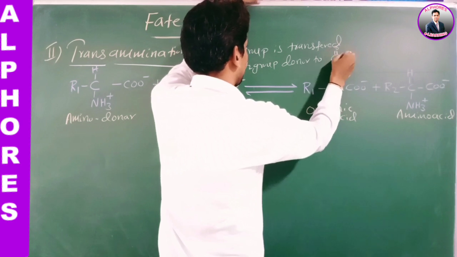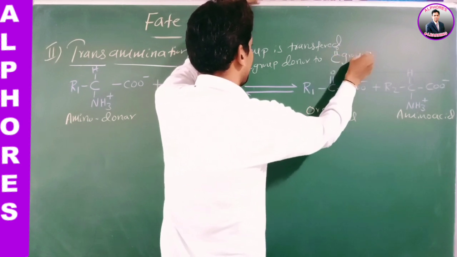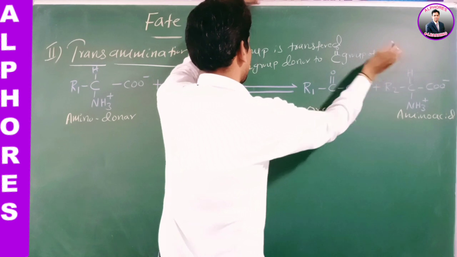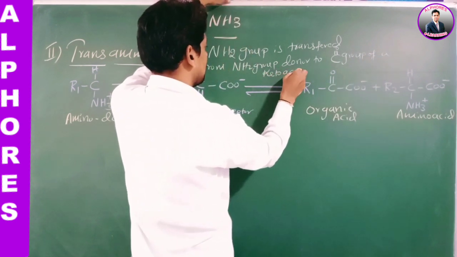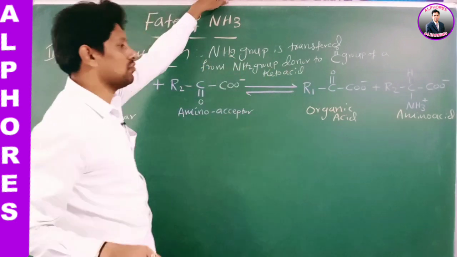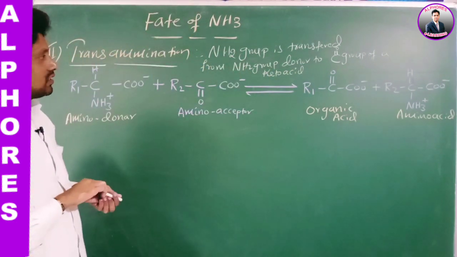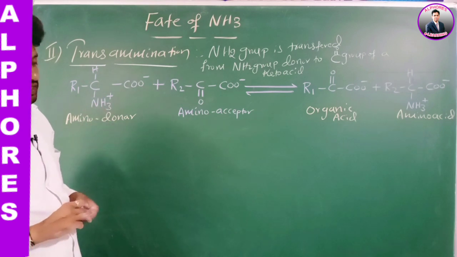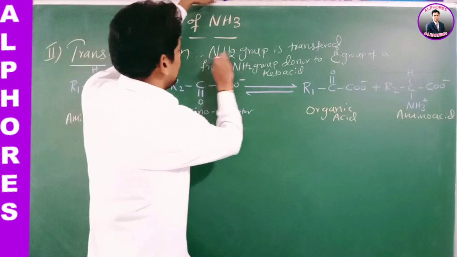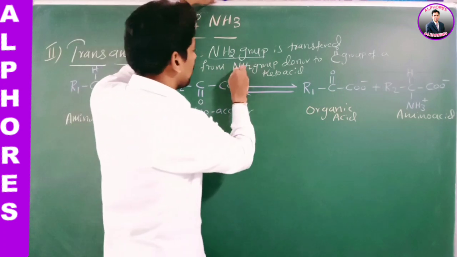This is the keto group. Keto group of a keto acid to form amino acids. In transamination reaction, what is transferred? Amino group is transferred. From where? From an amino group donor.